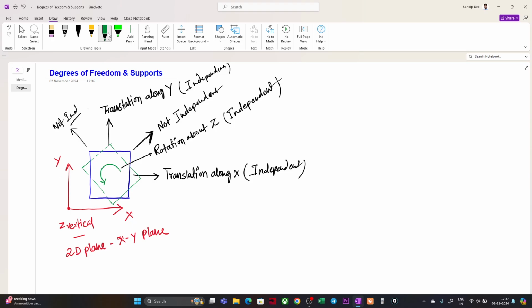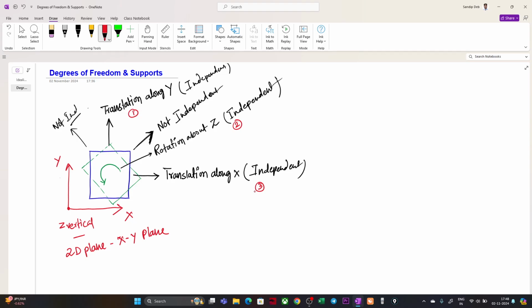So how many independent coordinates do we have to define the motion or the configuration of this particular system? When we are talking about a 2D plane, there are 1, 2 and 3 independent coordinates to define the motion of this system. So degrees of freedom is nothing but the independent coordinates required to define the motion of a system on a plane or in a 3D space.